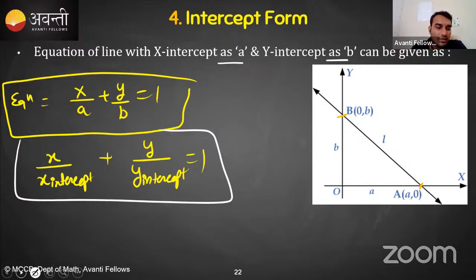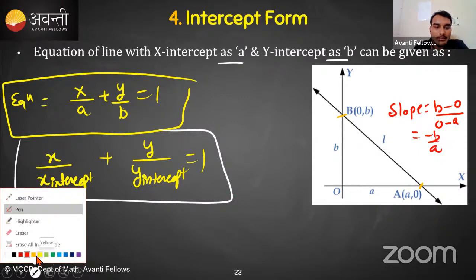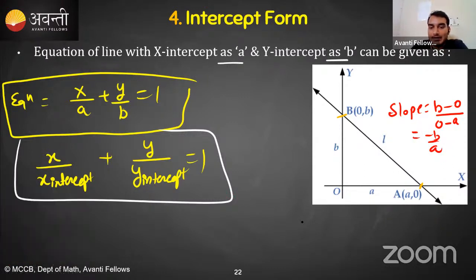Simple. If I ask you the slope of this line, y2 minus y1 upon x2 minus x1. So how much slope did we get? Minus b by a. And then the equation of the line: any one point you can use, either point a or point b, it does not make any difference.